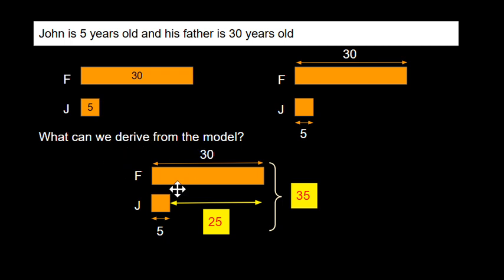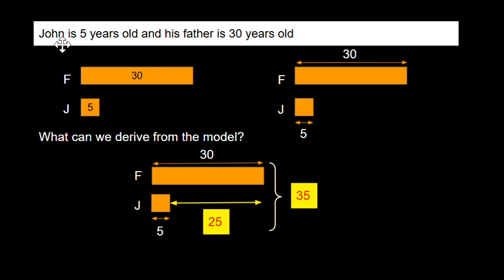So what can we derive? From the model, you can straight away see that the difference in age is 25. The model also tells you that their total age is 35. Once you draw the model, you can straight away derive such information.